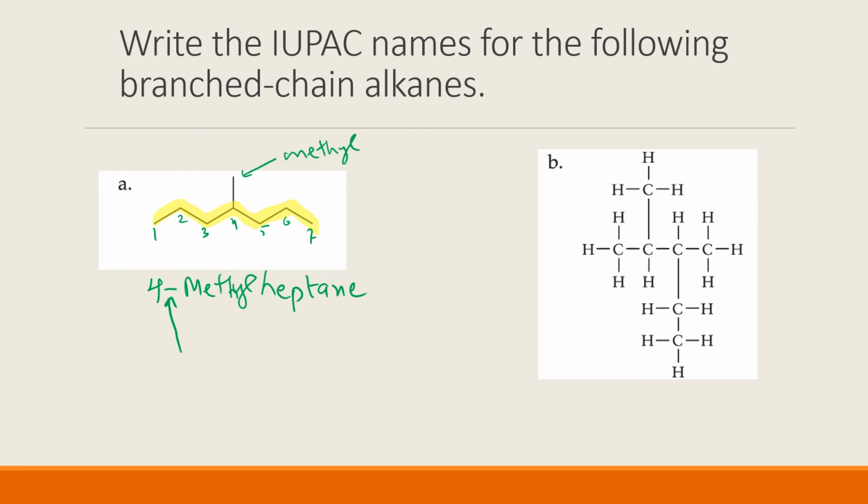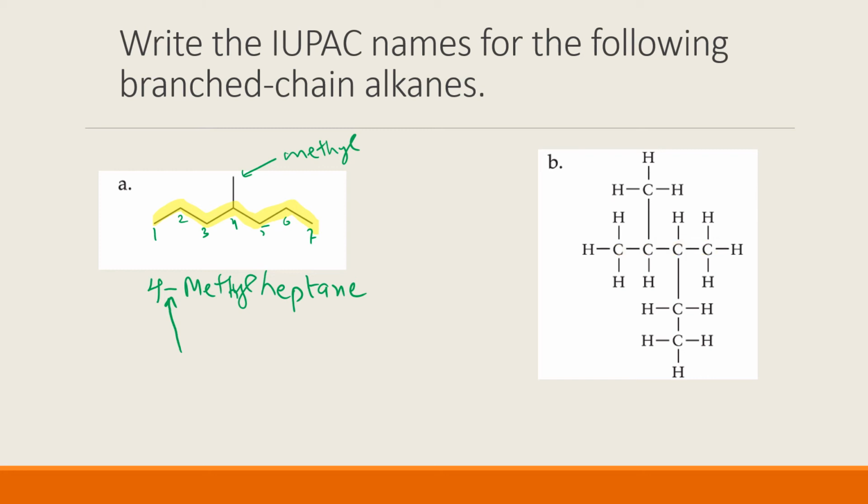Let's take a look at example B. Now, in this case, if we go with the horizontal chain, that will give us only a 4 carbon long chain. But that is misleading. The longest chain is not 4 carbon long.